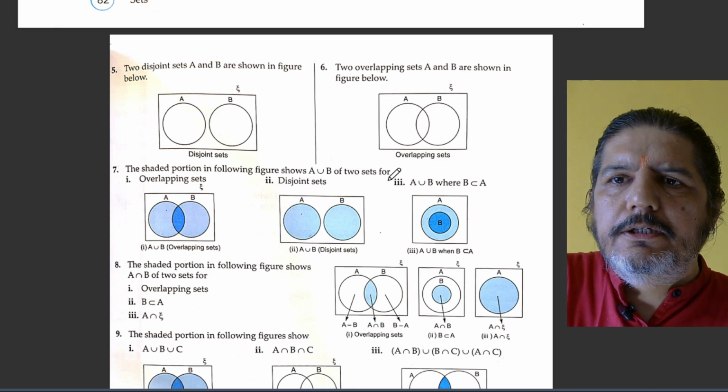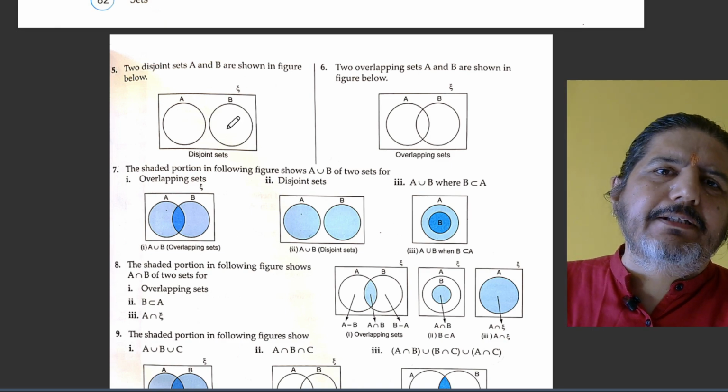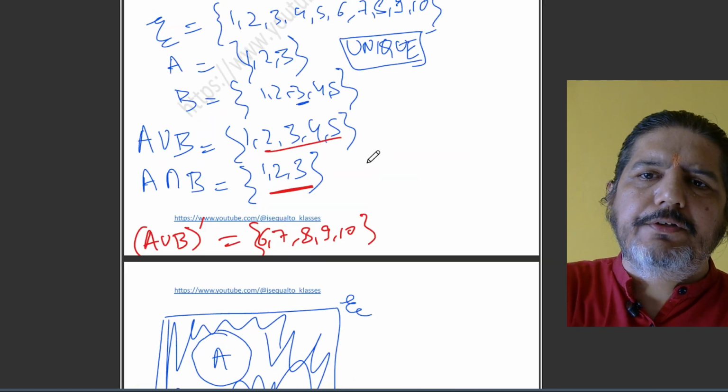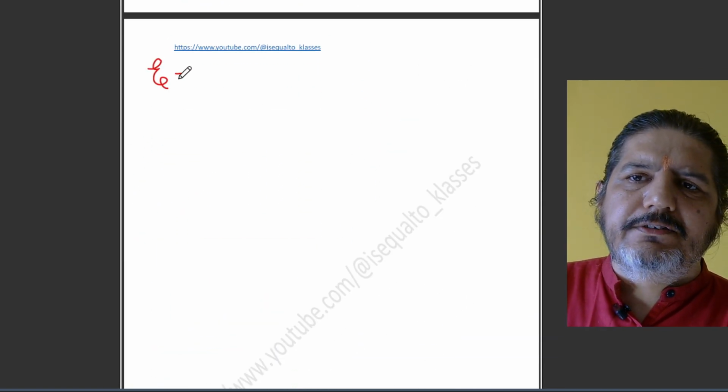So we are done with the fourth, disjoint sets. The disjoint sets are sets where nothing is in common. For example, in my case my universal set is 1, 2, 3 till 10.